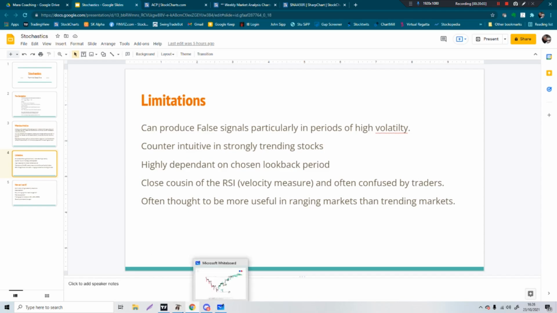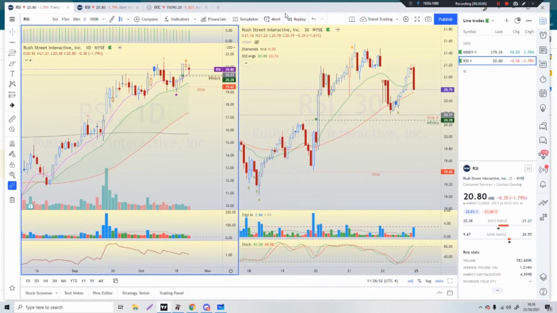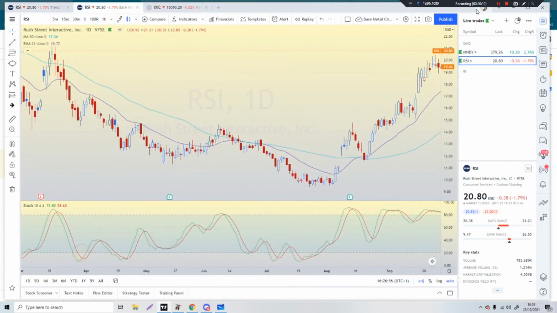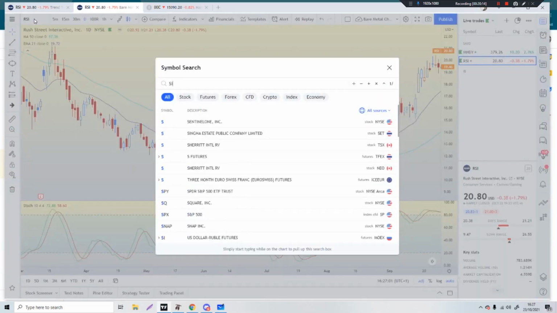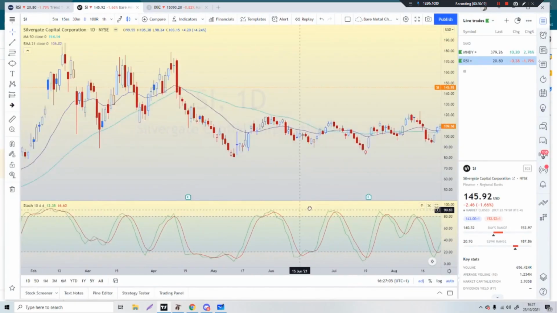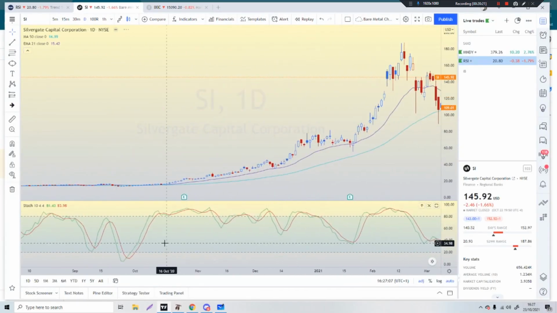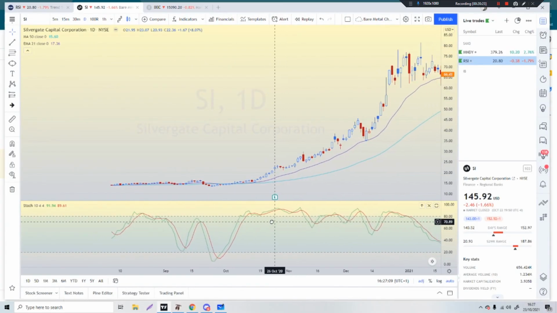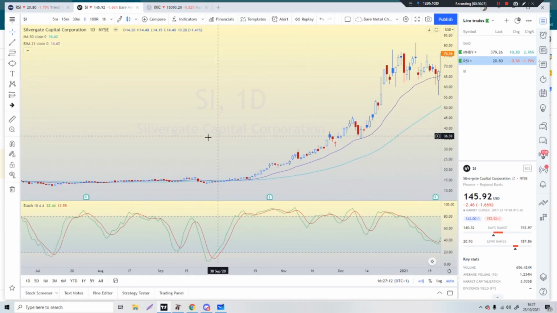If we go back to TradingView, let's bring up a strongly trending stock. Well, let's look at SI. If we go back to SI at the start of its run, a lot of people look at something like a stochastic and go, well, this is overbought, because they're so used to RSI.